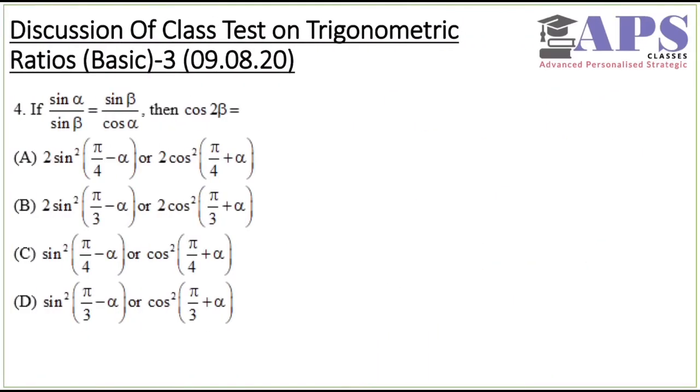In question number 4, if I cross multiply, I will get sine square beta equal to sine alpha cos alpha, right? So I need to find cos 2 alpha, so sine square beta will help us. We know that cos 2 beta is equal to 1 minus 2 sine square beta, that's a formula.